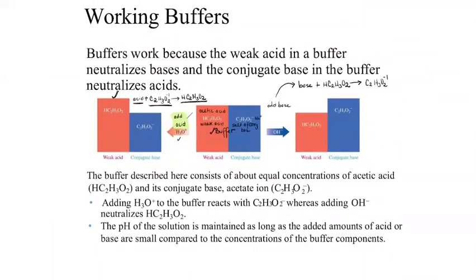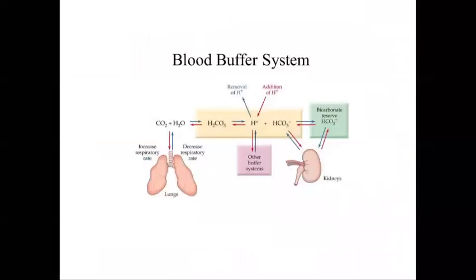Now, I mentioned to you guys a few moments ago that when it comes to our blood, it needs to have a pH of around 7.4 in order to have proper functioning of the cells, okay? So in our blood, we actually have a buffer system, which is known as the blood buffer system.